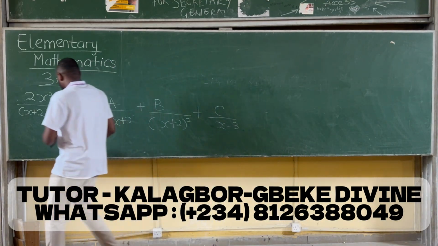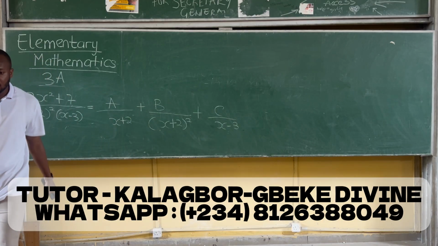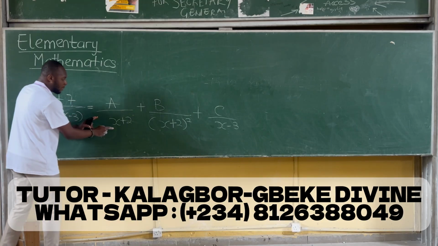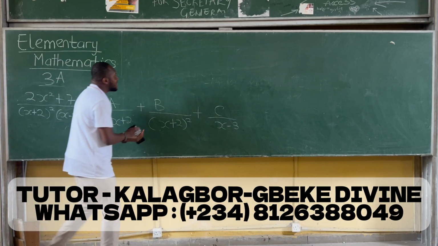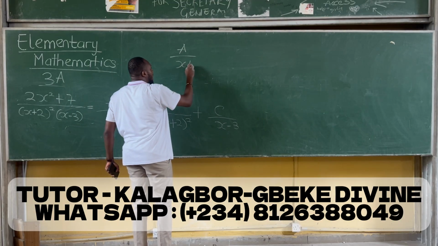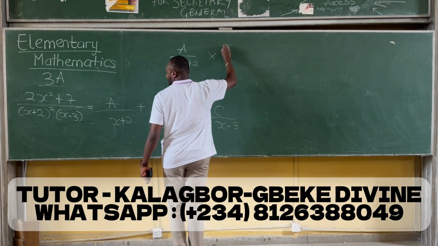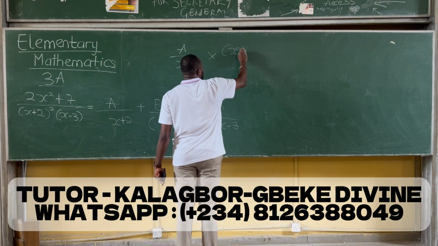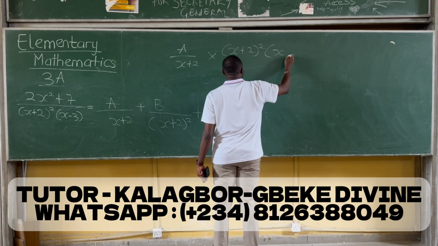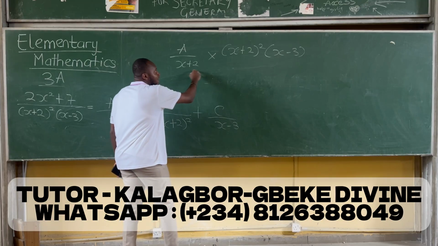So now, we'll also use this one to multiply each of them. If we do this one now, x squared times this one, it will be like this. A over x plus 2, times x plus 2 squared, x minus 3.